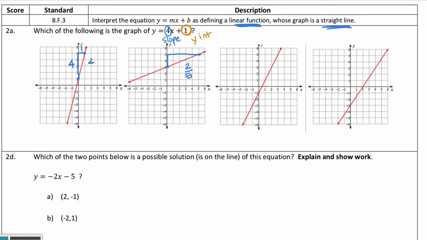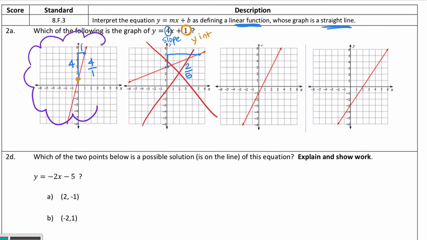That was up $4 in 1 day, and this is up $2 in 5 days. So already it can't be this one. My slope is not 2 over 5. I can actually tell you we could stop on this one because the slope is 4, and if you looked quickly you could see the y-intercept right here was at 1. So we do know this one is the correct one, so we'll circle that one, but we'll talk about the others really quick too, because it's not always going to be the first one you choose.